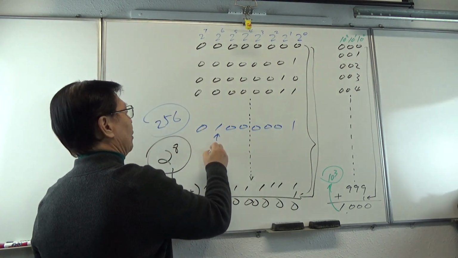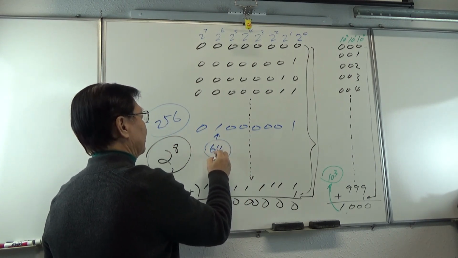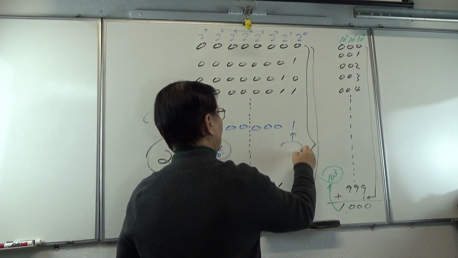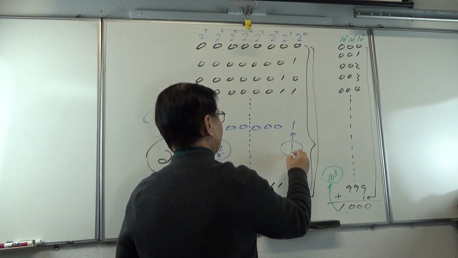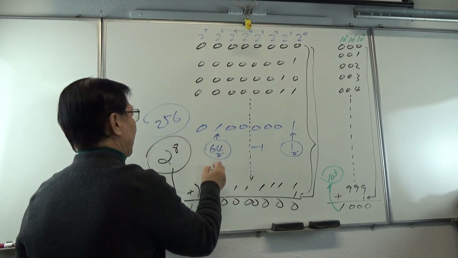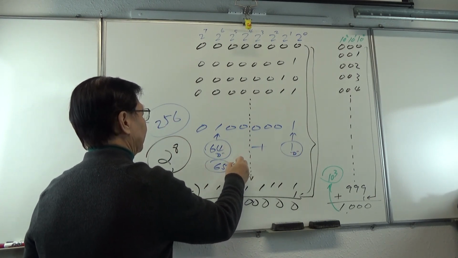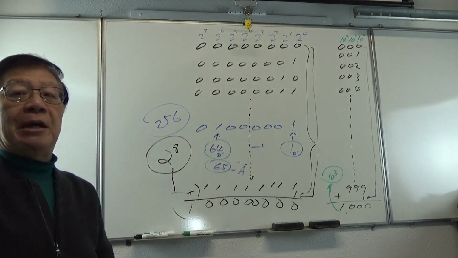And this one represents 64 in decimal system. And this is still 1, right? 1 is still 1, no matter what kind of system. So 64 plus 1 means 65. And 65 means letter A, because that's our assignment.